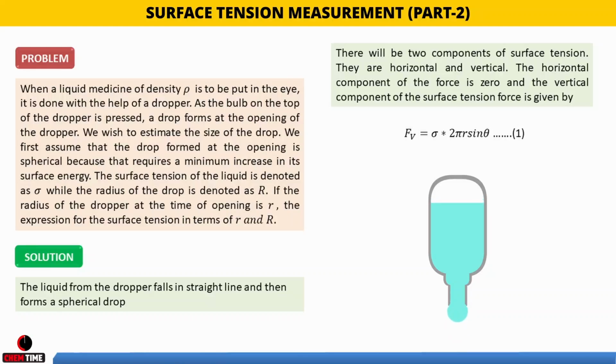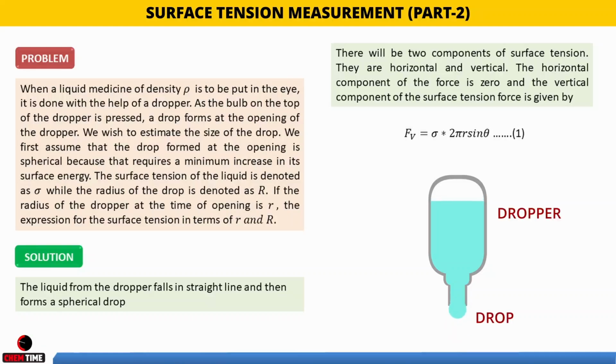And we know the drop formed at the beginning becomes spherical because it requires a minimum increase in surface area. Now, we need to develop an expression for surface tension in terms of small r and capital R and the density of the liquid.